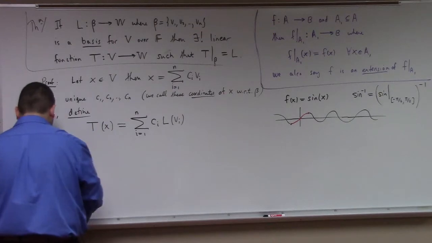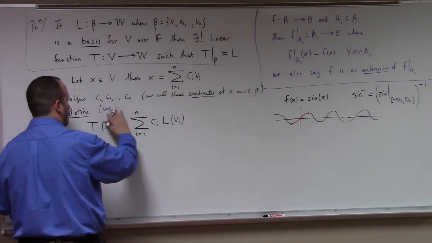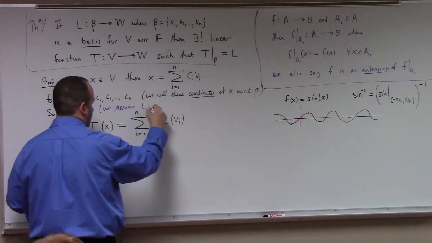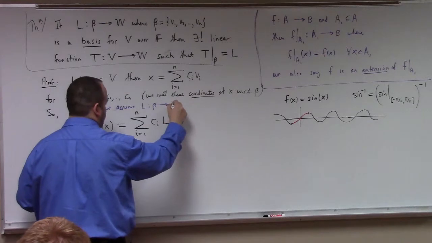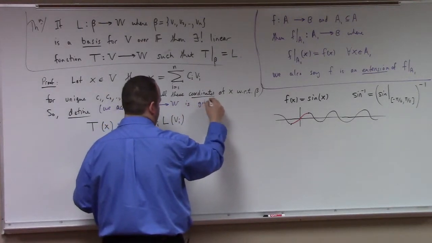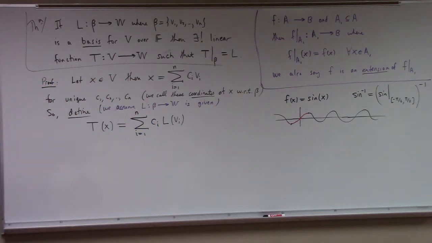Here we assume L from beta to W is given, which means that L of Vi is defined, just like L of 1 and x squared was given in my first example.